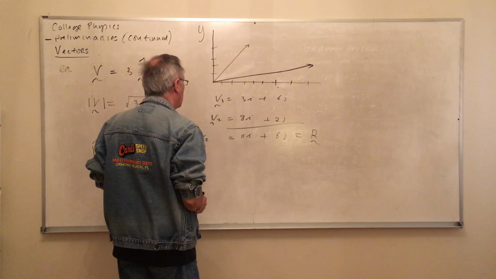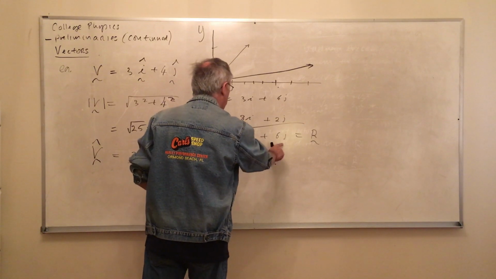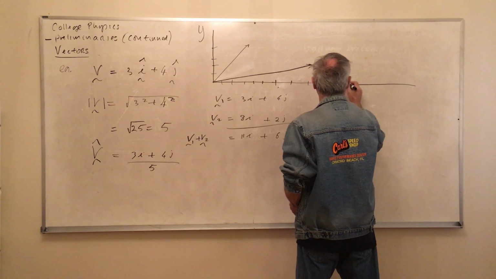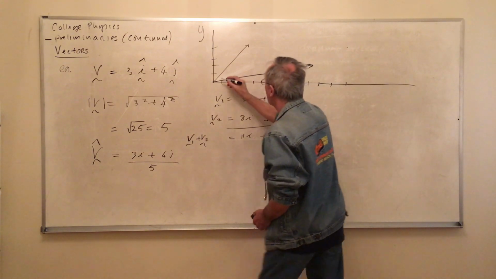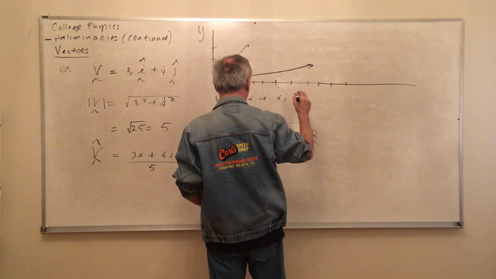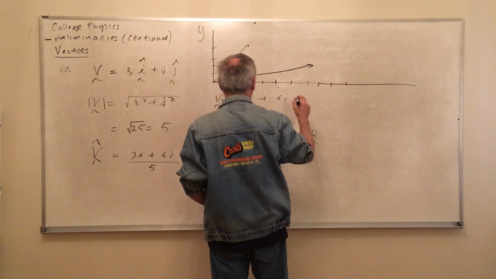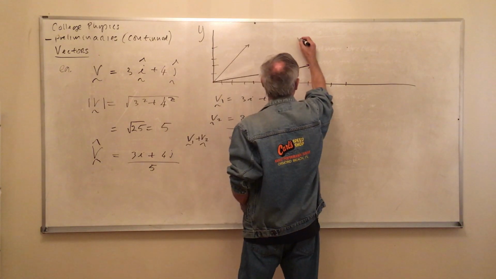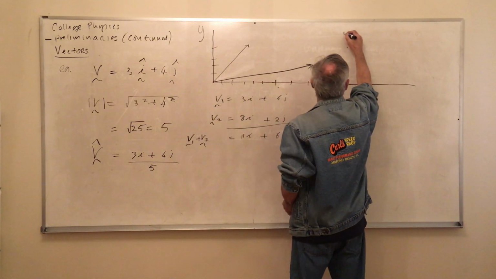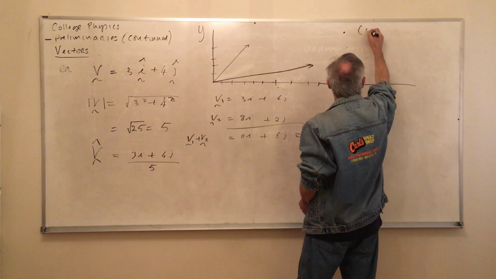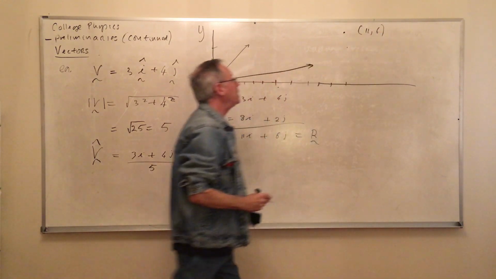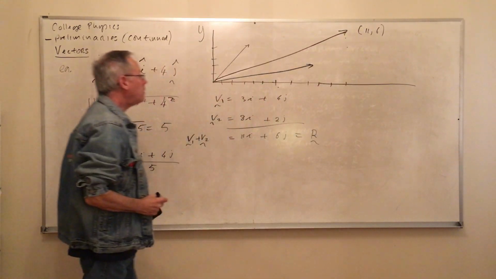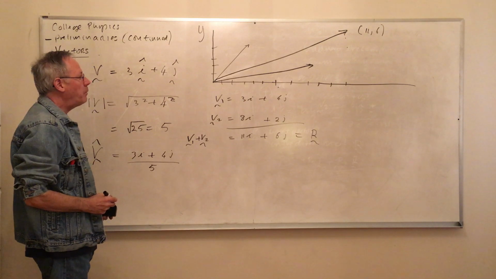So, where is this vector? It's 11i plus 6j. It ends on the point 11, 6 and we'll put it in. So, here's our resultant, and we noticed something.